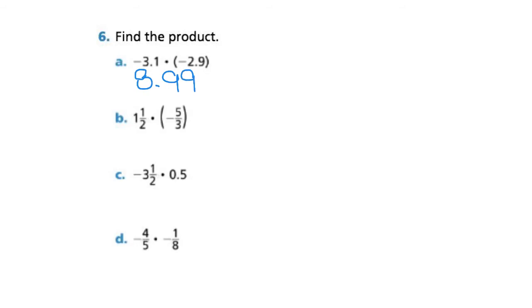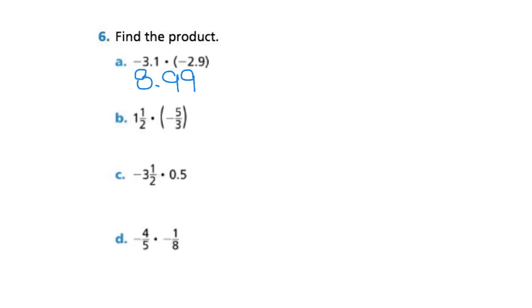B, 1 1/2 times negative 5/3. We see fractions. If we want to go decimals, we have to check to make sure they terminate. 1 1/2 is 1.5. But negative 5/3 is negative 1.6 repeated. We can't use decimals here.